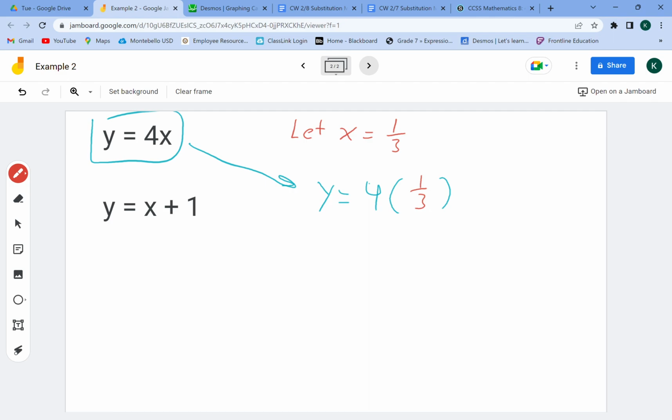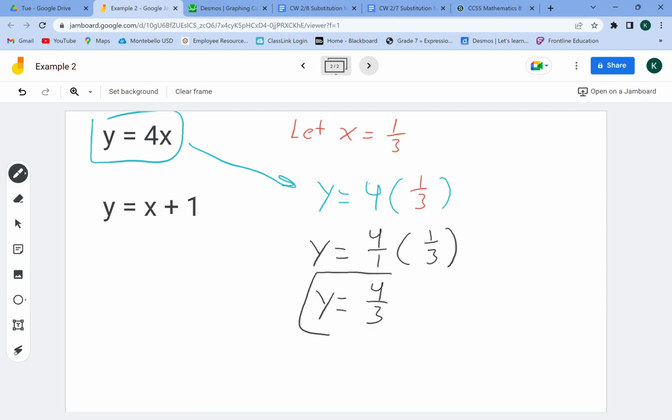Now when you're multiplying these things, you have to remember that a whole number has a 1 underneath it, and you multiply like this. When you're multiplying fractions, all you have to do is multiply straight across. So you multiply 4 times 1 and then 4 times 3, and if you do that, we get 4/3.